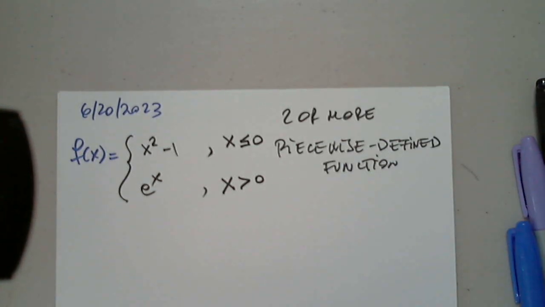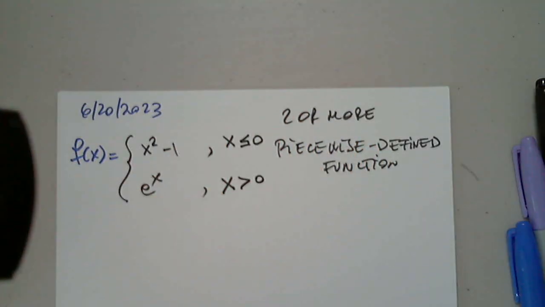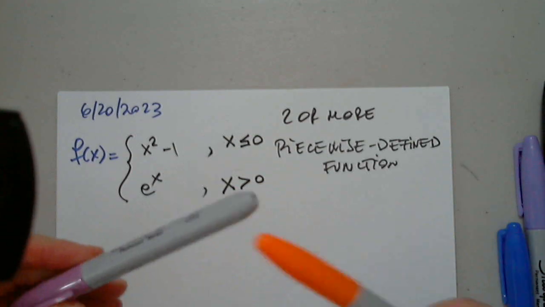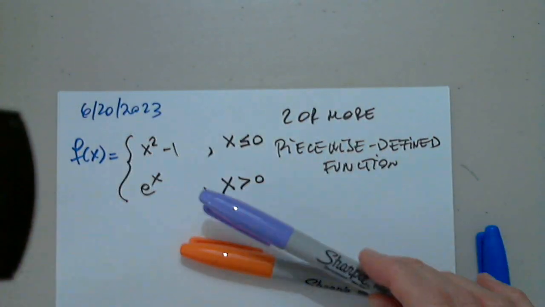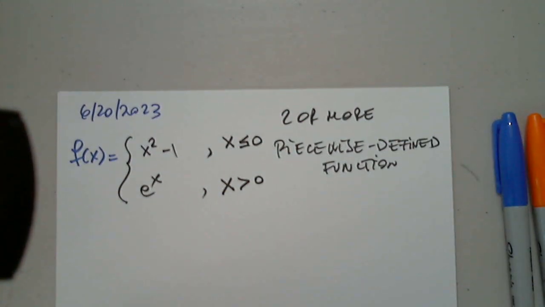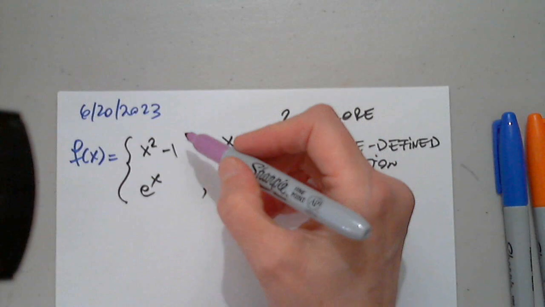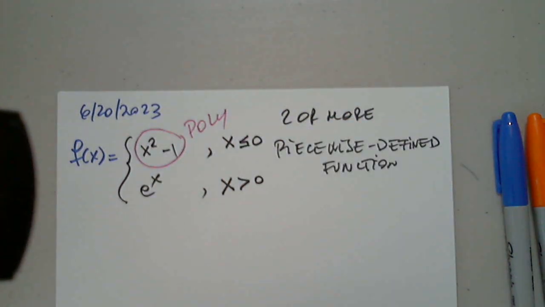So what type of function is x squared minus 1, and what type of function is e to the x? If any of these colors do not show correctly, let me know and I'll put them on the side. The top one is a polynomial. Yes, it is a polynomial function.